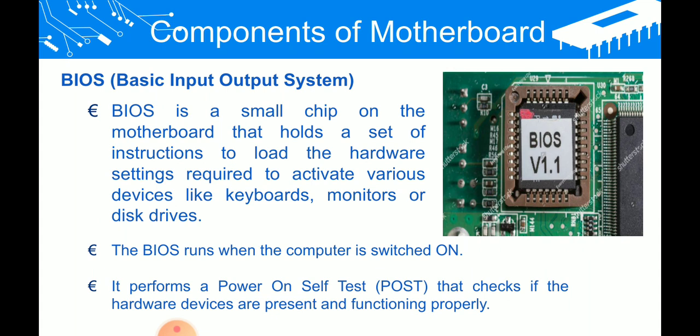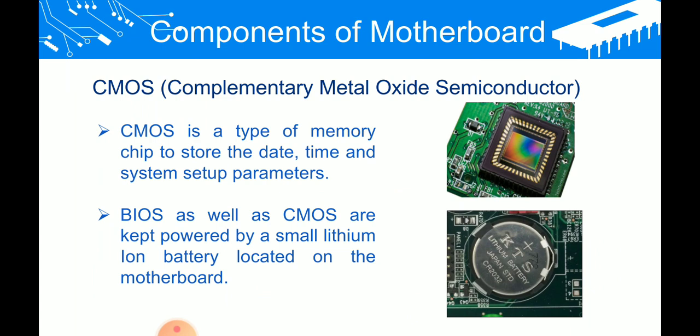It performs a power on self-test and checks whether the hardware devices which are present are working properly or not. And next is CMOS, or complementary metal oxide semiconductor. You can see the CMOS picture.